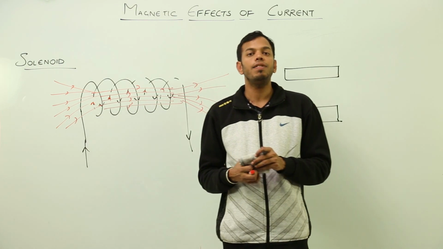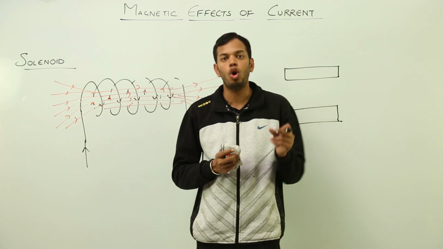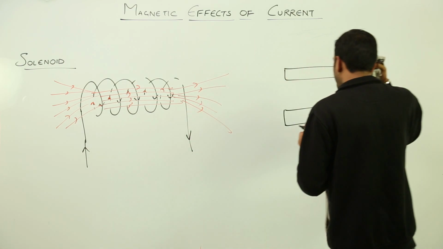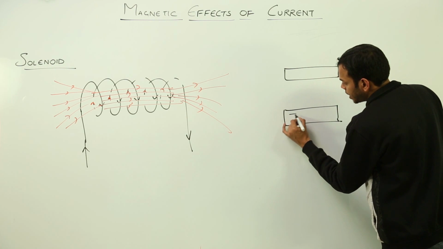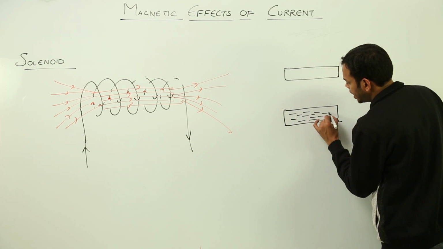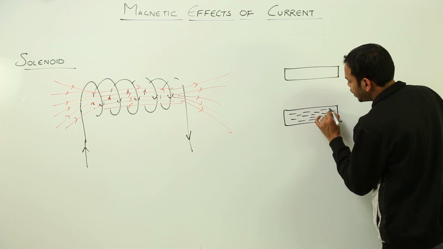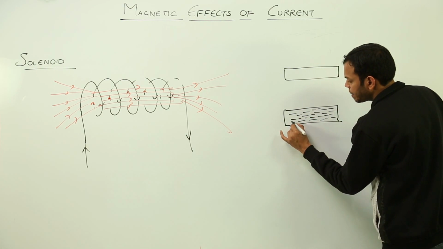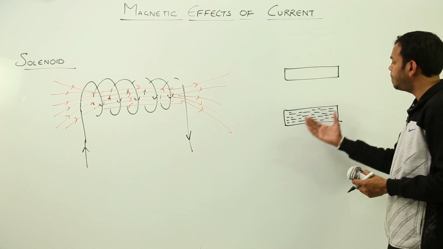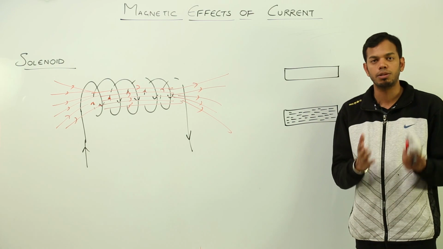See, magnetic field is actually because of small magnetic domains which are present inside a magnet. So if this is a magnet, small magnetic domains, they will all be inclined in the same direction, and that is why each individual small magnetic field adds up with the small magnetic field of other domains, and they ultimately sum up to create a large magnetic field.